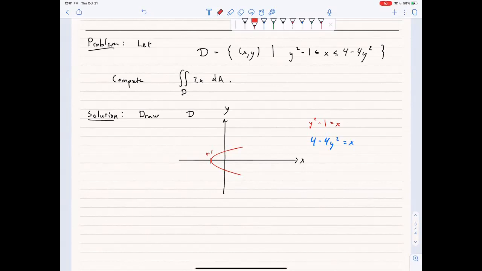However, now it's concave down rather than concave up, and its intercept is at 4. So we'll get some other parabola, something like this. I mean, this is not to scale, but this is the picture.